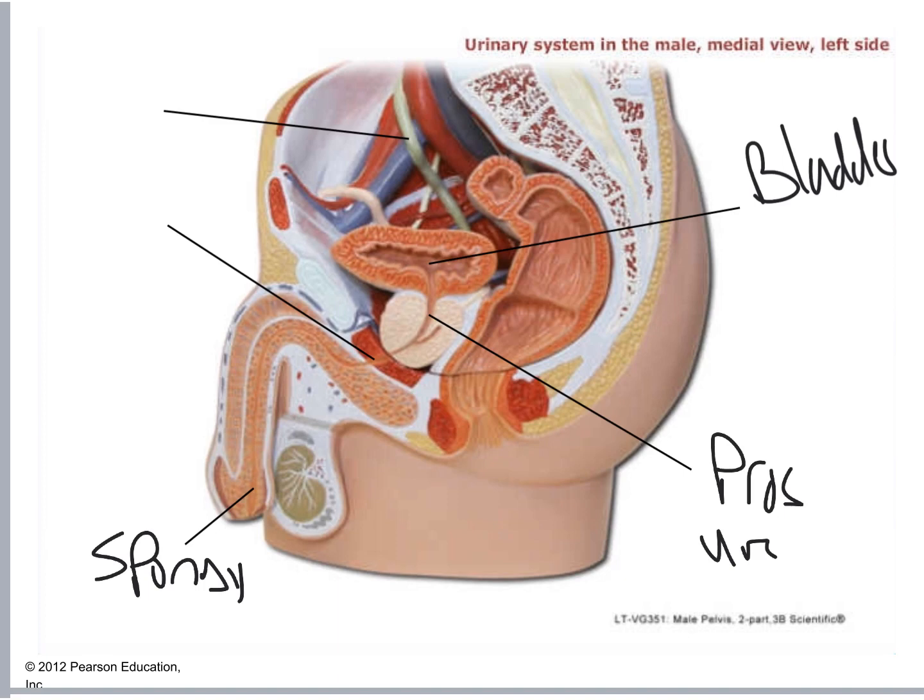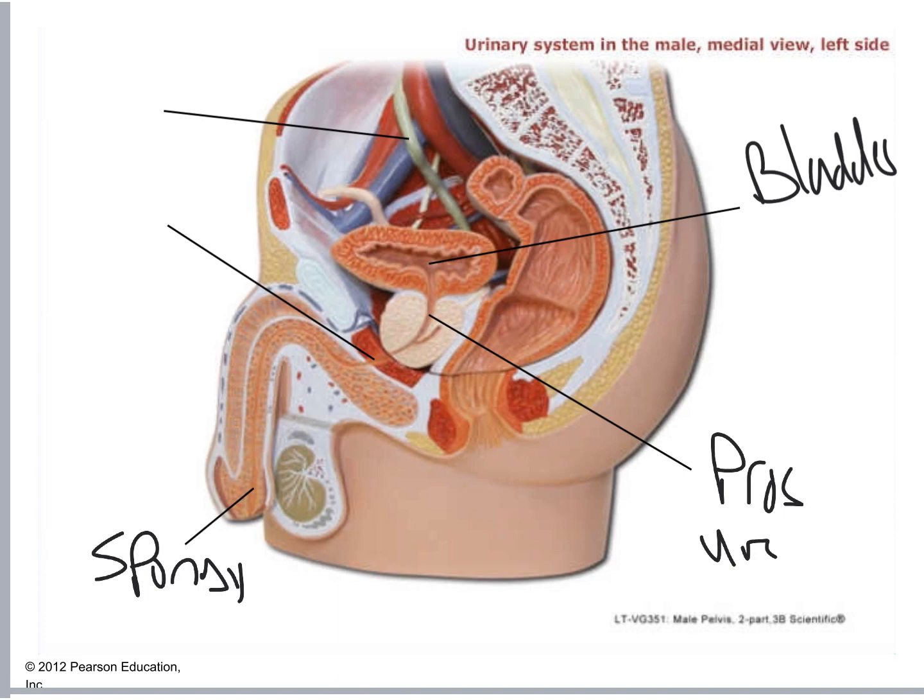There are 2 types of tissues in the penis, and they are erectile tissues, which means they fill with blood and make the penis erect. There is the corpus cavernosum, and then there's the corpus spongiosum, and we'll go over that in the reproductive system. The part of the urethra that goes through the penis goes through the corpus spongiosum, which is why it's called the spongy urethra.